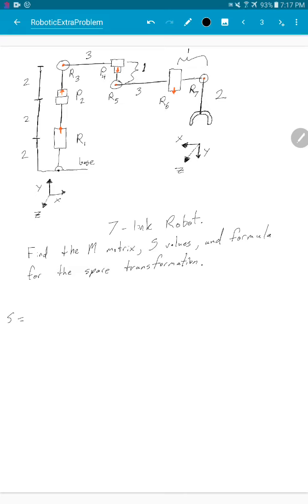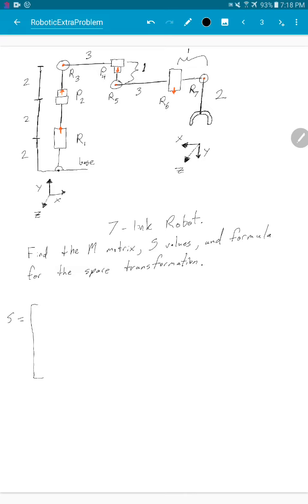Another thing to note is that the axis of positive rotation is labeled with these orange arrows, and when it's just a dot, that means the axis of rotation is in the positive z direction, pointing out of the page.